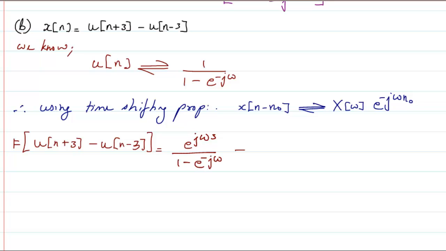Similarly, for the second case, it will be e raised to power minus j omega 3 divided by 1 minus e raised to power minus j omega.